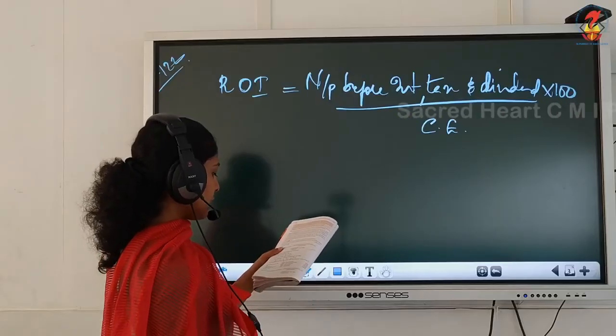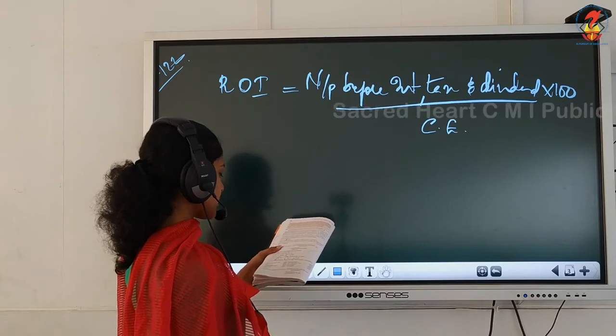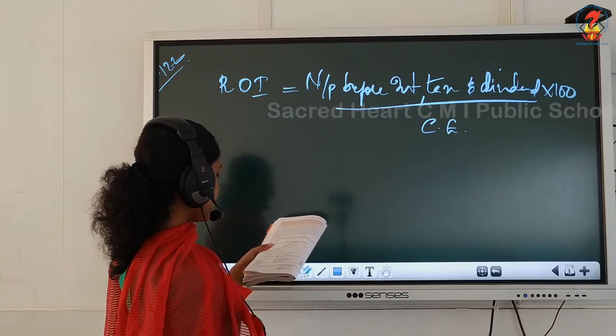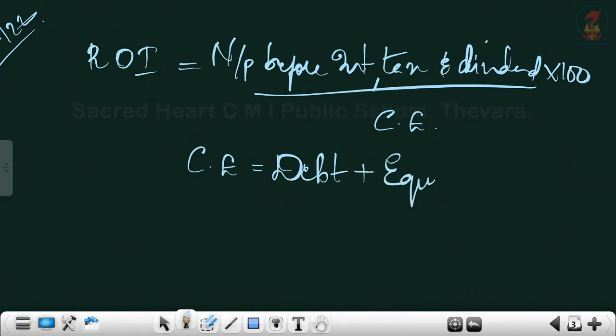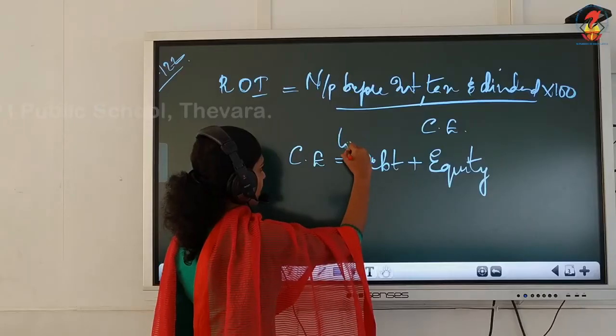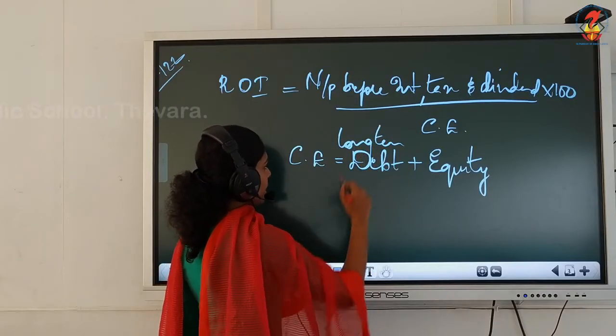And do we have the figures directly in the question? We don't have any net profit before interest and tax. We don't have capital employed also. Capital employed formula we discussed, it is debt plus equity. That is first two sections of your liability section. Balance sheet first two sections are equity and debt. Debt means the long-term debt or the non-current liabilities.